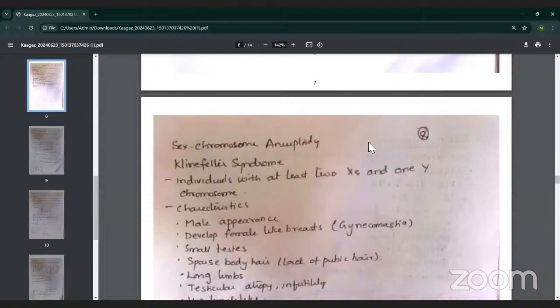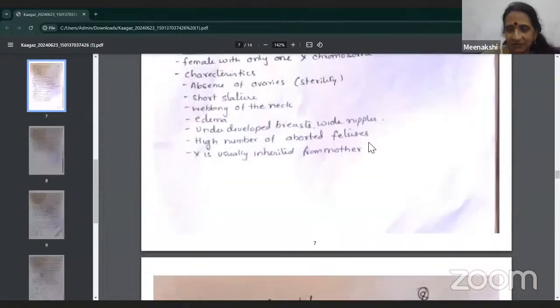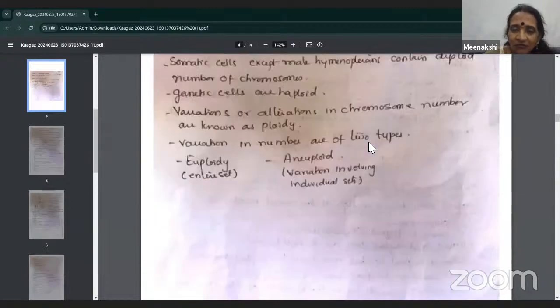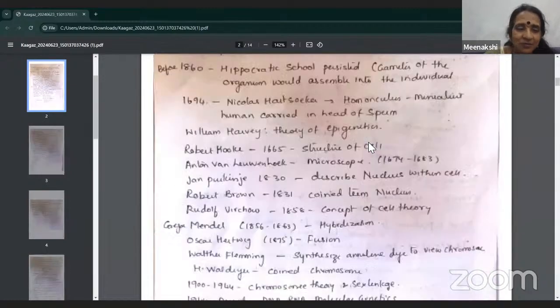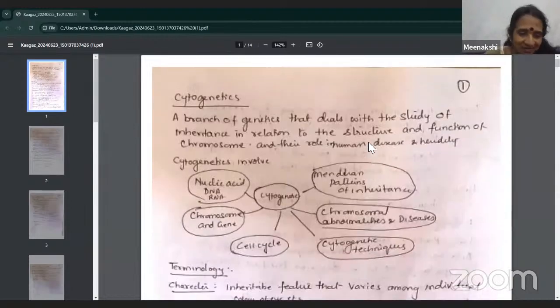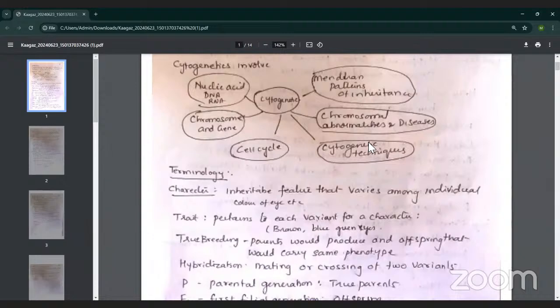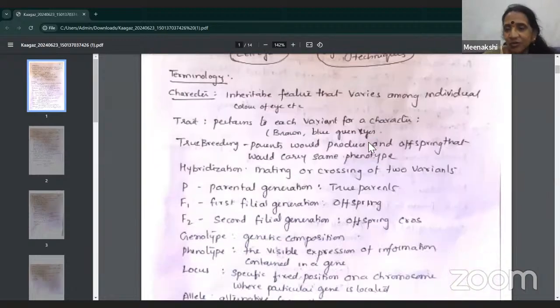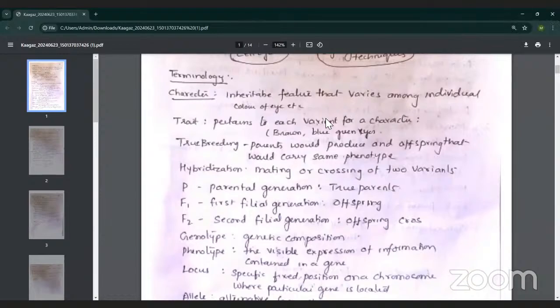Okay, it's clear. I will be more comfortable with the handwritten notes rather than these printed notes. Printed, all words appear to be the same, isn't it? Yes, ma'am. So if you're comfortable with this, I will go with it. I'll try to bring more colored pictures and all that. Otherwise, we'll go for a PPT. Fine. Is it okay? Okay, ma'am.